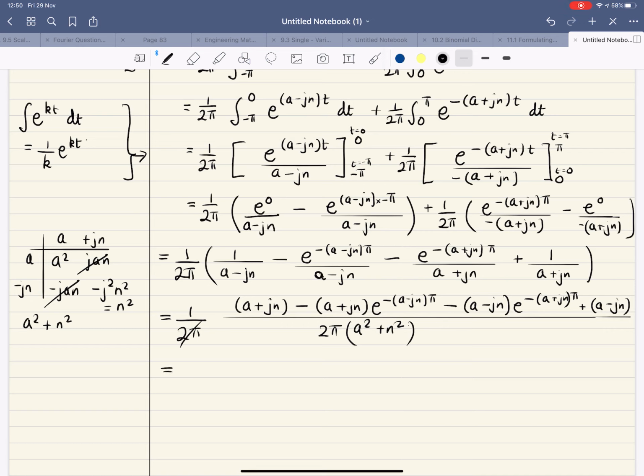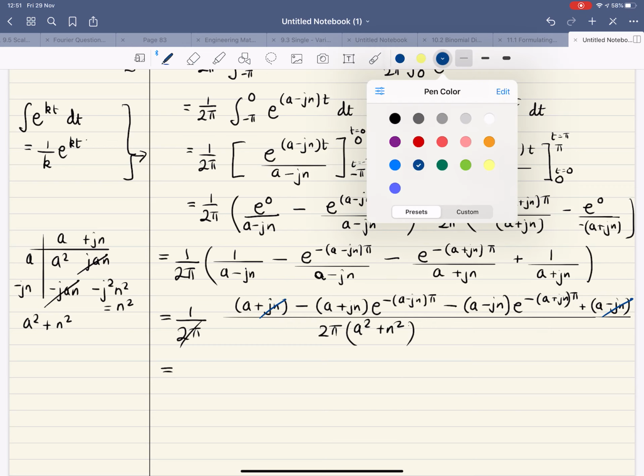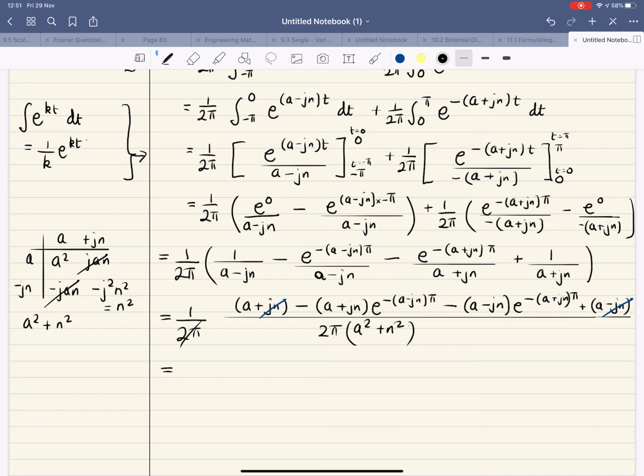Okay, so if we look here, let's find a different colour now, this bit. So that jn cancels that minus jn. That's probably all I can do at this stage, but anyway, it's still better to do it than not. So for the a's, we've got 2a, so we've got a there plus a. And then we've got these complicated looking bits in the middle here.